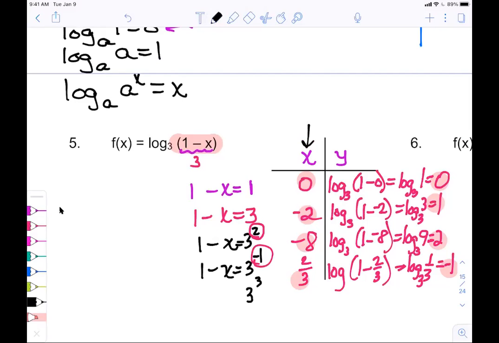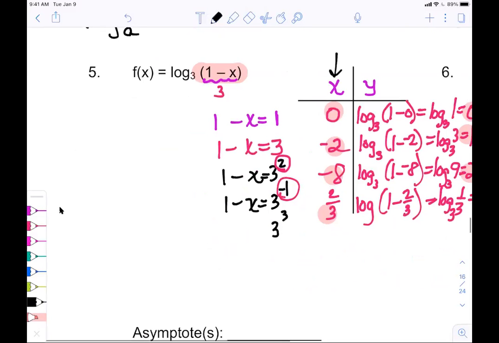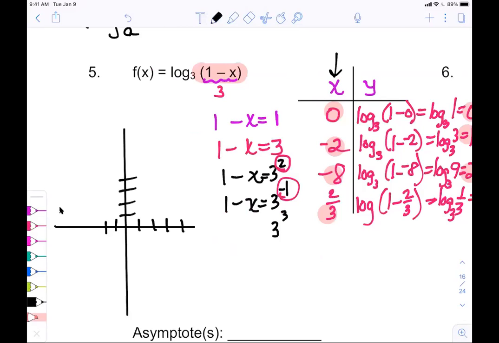Yep. So if we graph this, making a little graph, and then just plotting the points, we have a point at 0, 0.